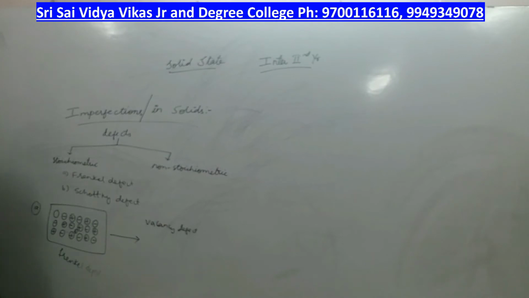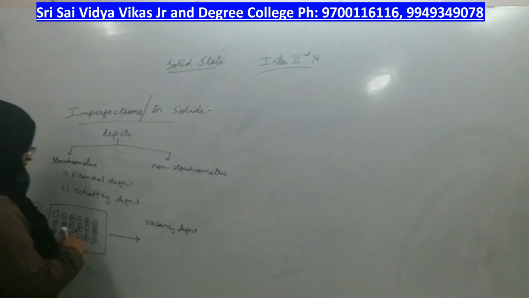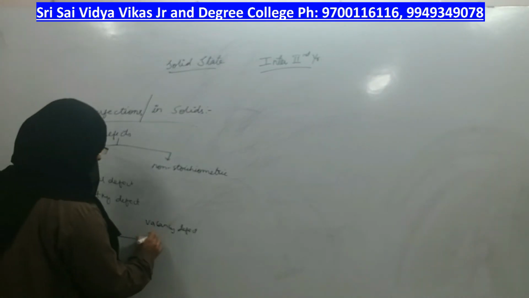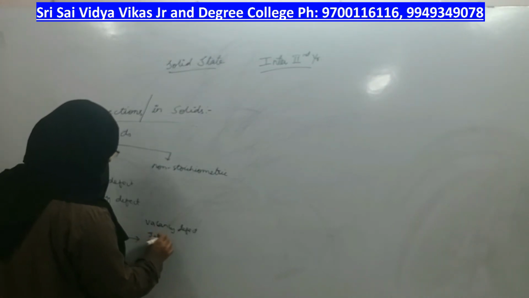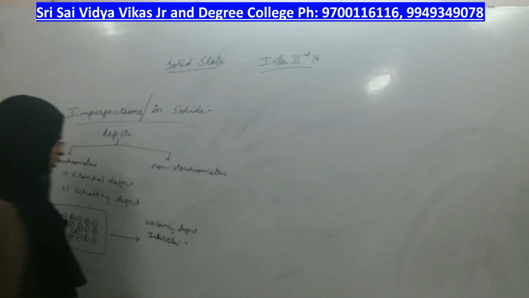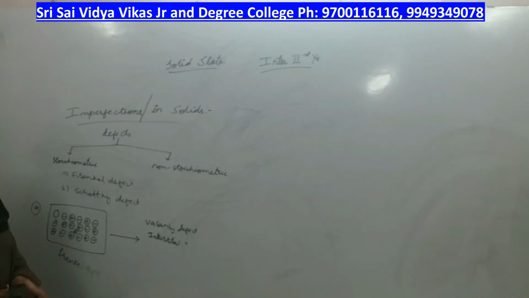Can you see any ion taking the interstitial position in this solid? Yes. The cation is taking the interstitial position, right? Actually, no one should be in the interstitial position, but some cation came. Therefore, even interstitial defect can also be seen, right? So, in Frenkel defect, you can see both vacancy as well as interstitial position getting occupied.